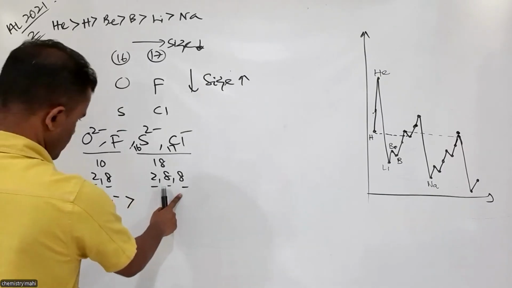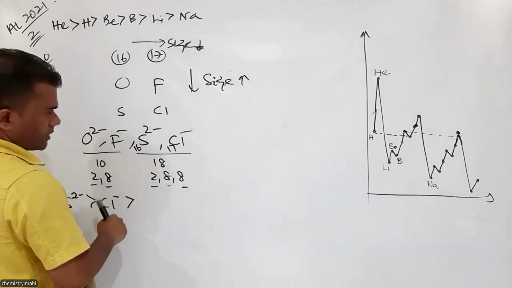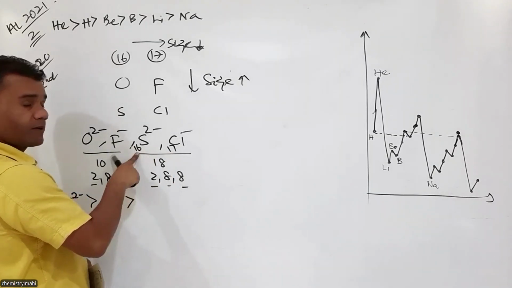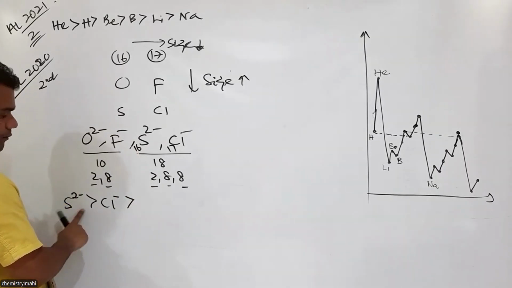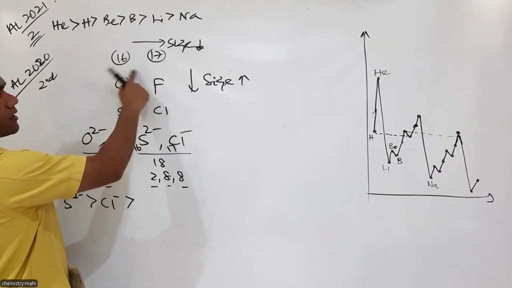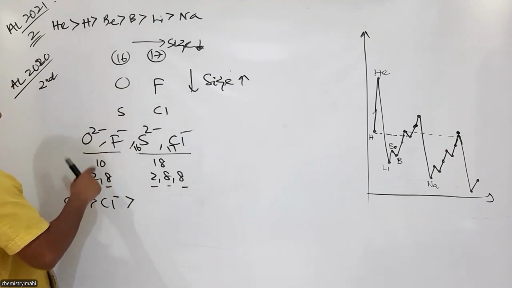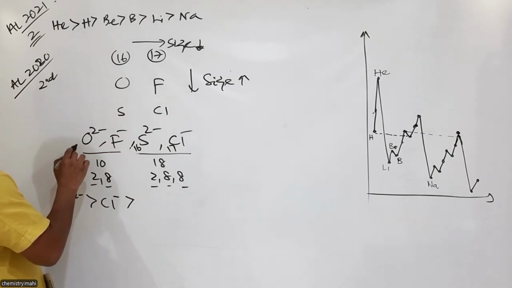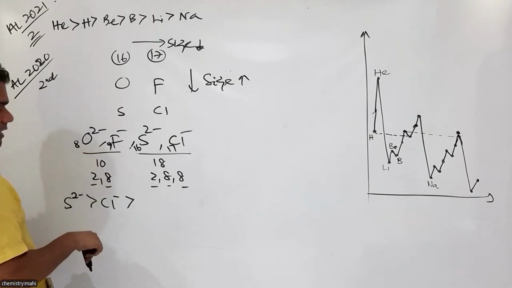3 energy levels, negative ions. Then the lowest atomic number, out of these two, the low atomic number, then size is large. Thereafter, next here, the anions should be larger than the oxygen atom and fluorine atom. Therefore, O2 minus and F minus should be larger than O and F. But out of these, again, atomic number increases, size decreases.